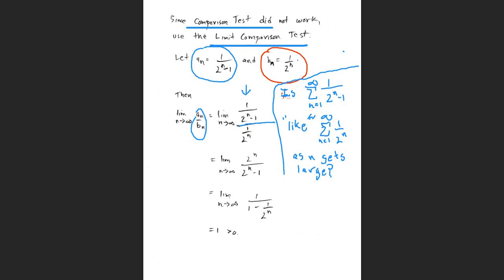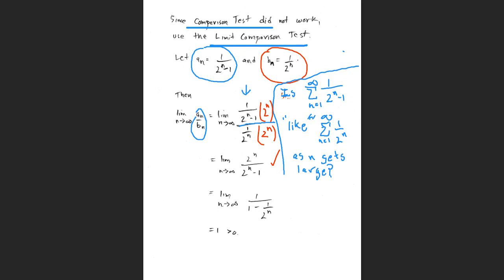I can multiply by the reciprocal of the denominator, but you could just multiply top and bottom by 2 to the nth power, and then you will get the limit as n goes to infinity of 2 to the nth power divided by 2 to the nth power minus 1.